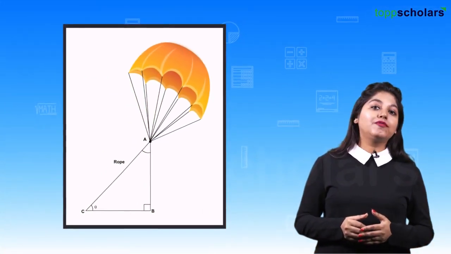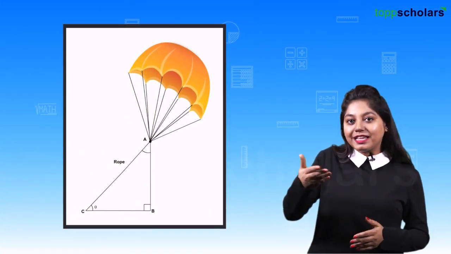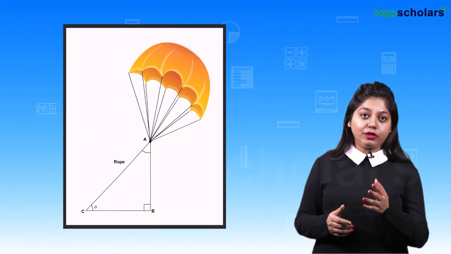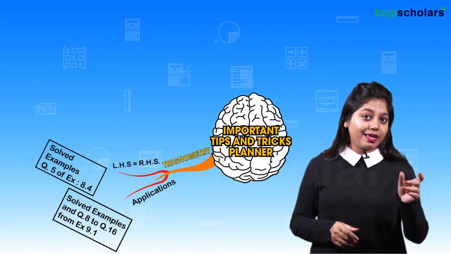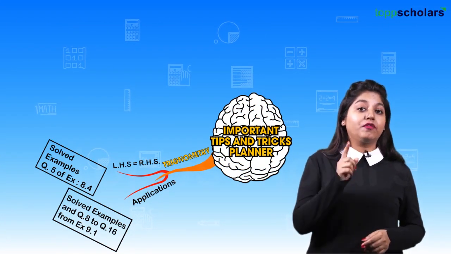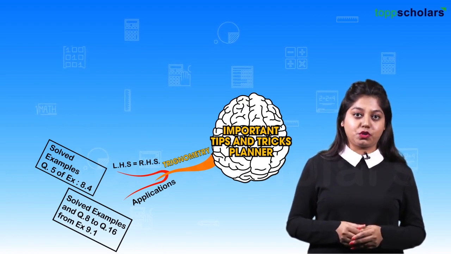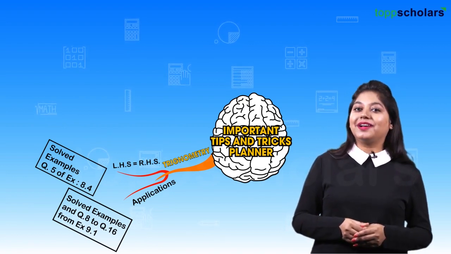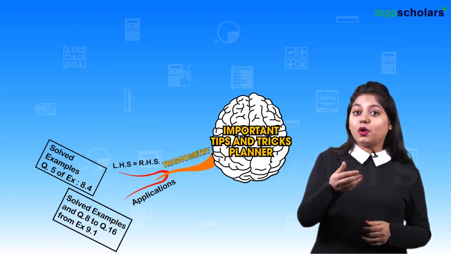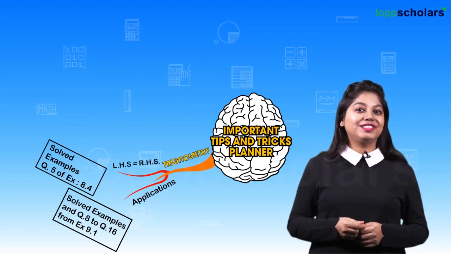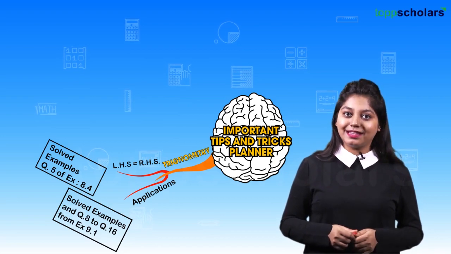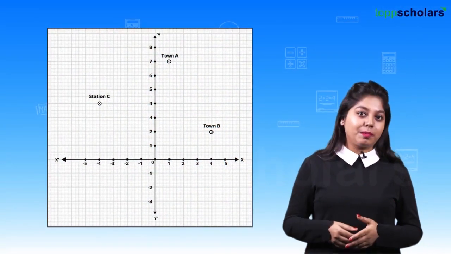As well as you have questions which are based on applications of trigonometry. For that, you need to solve question number 8 to question number 16 from exercise 9.1, as well as the solved examples based on it. After talking about trigonometry, we can also move towards a topic which is again based on geometry. That is talking about points on a plane.